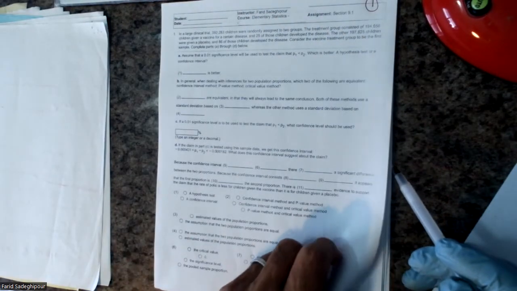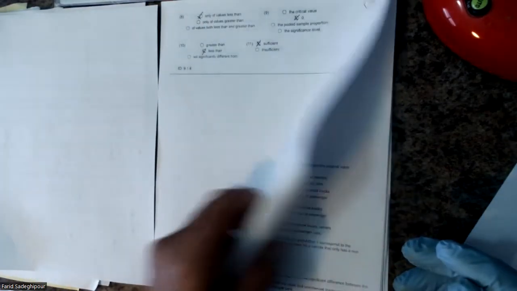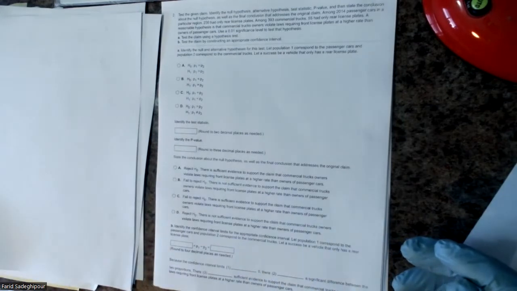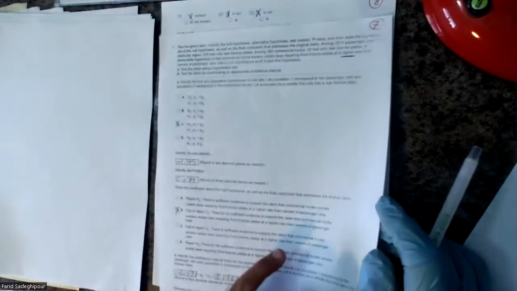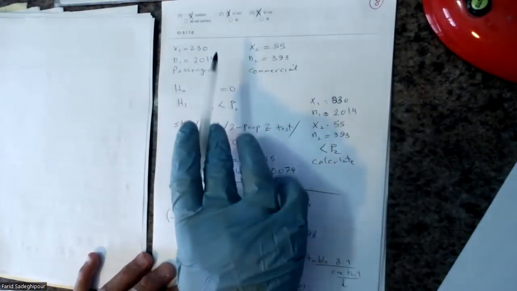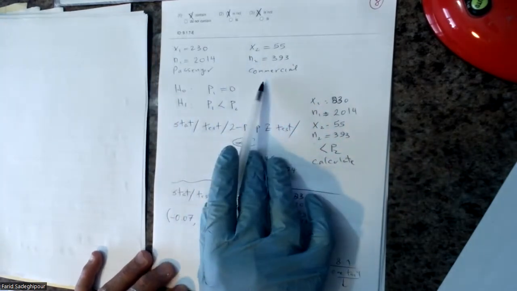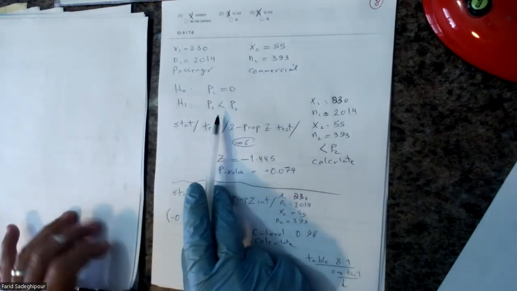Now, for all the homework problems, the first one is just the multiple choice. I did calculation for one of the problems, and I show you how to use the calculator for this, okay? So these values are all given. The claim is that P1 is less than P2.